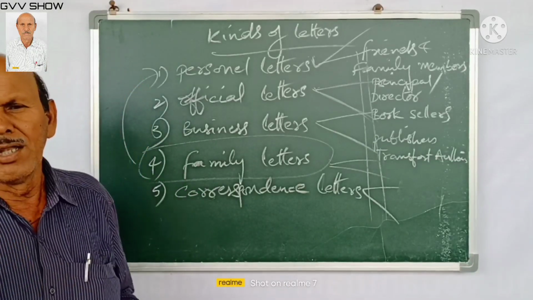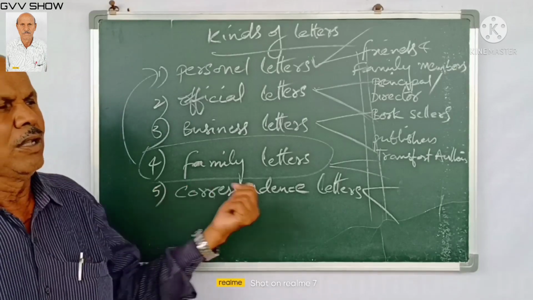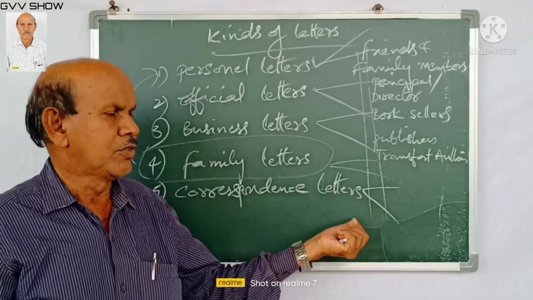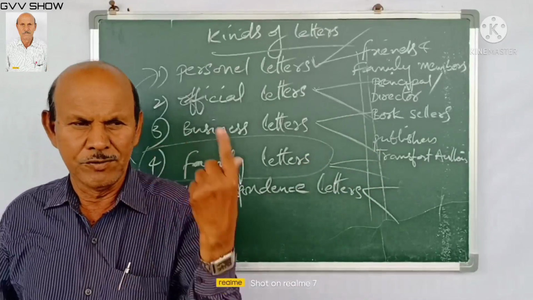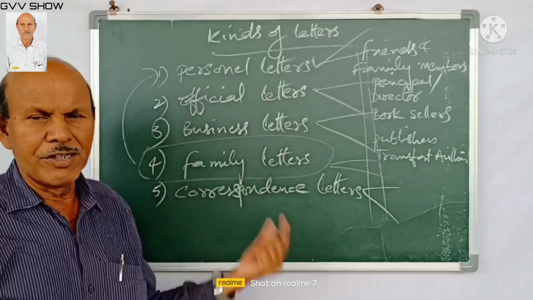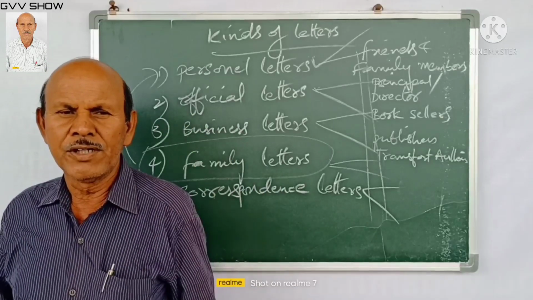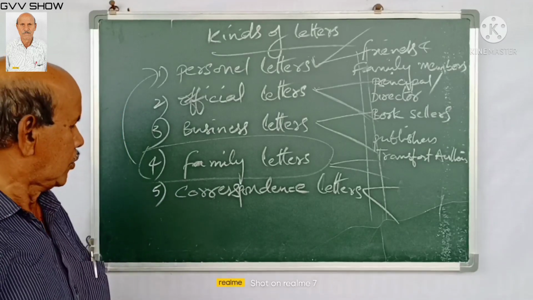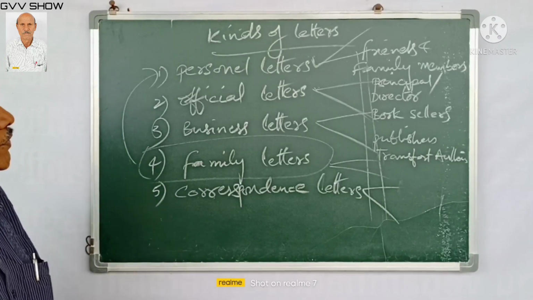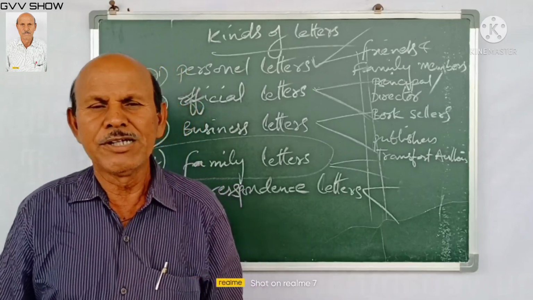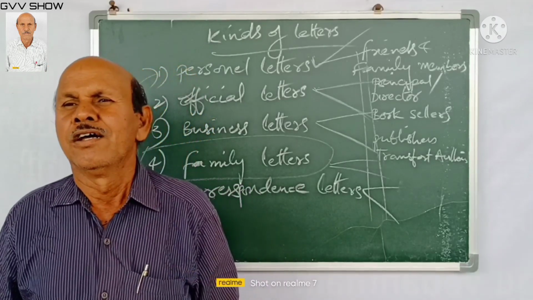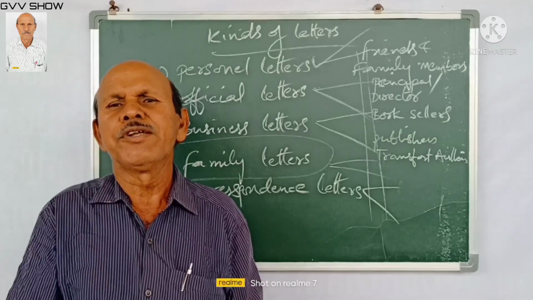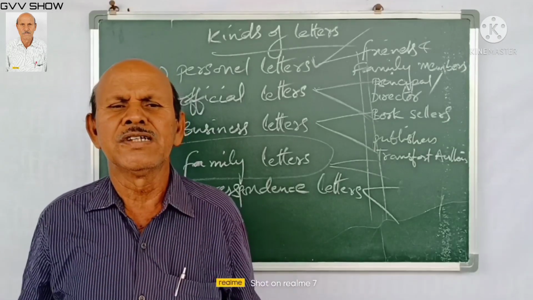Then the conclusion at the end: for official letters, yours faithfully, yours sincerely; for family, yours lovingly friend, yours truly friend, yours lovingly son. Lastly, the address. With this, I briefly explained the main parts in letter writing.